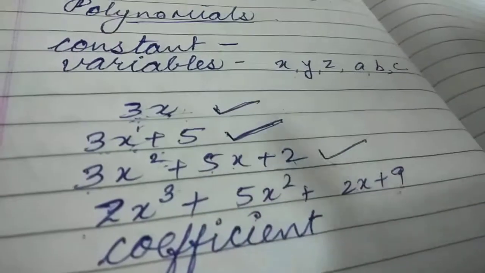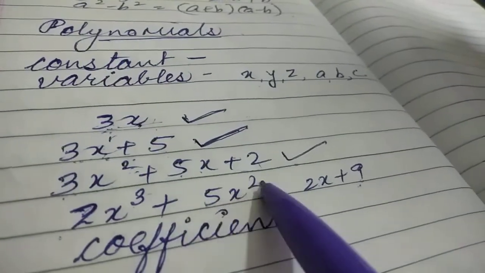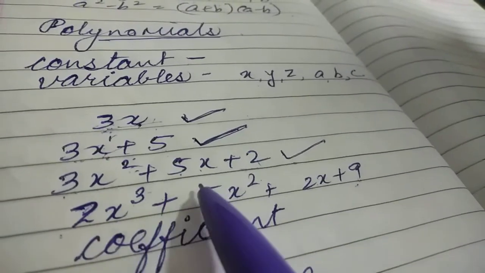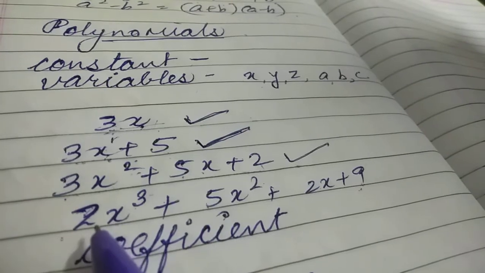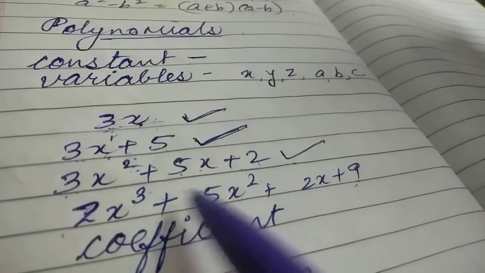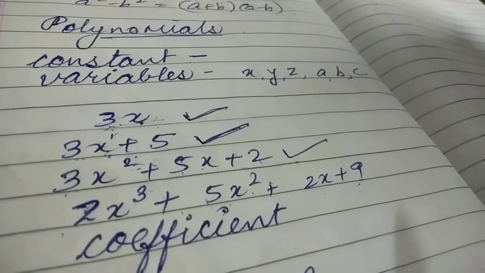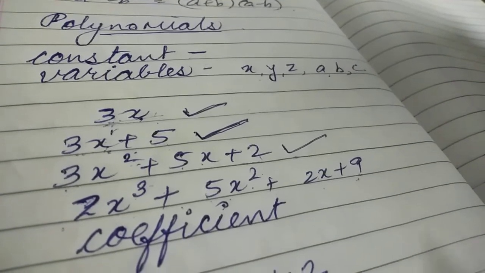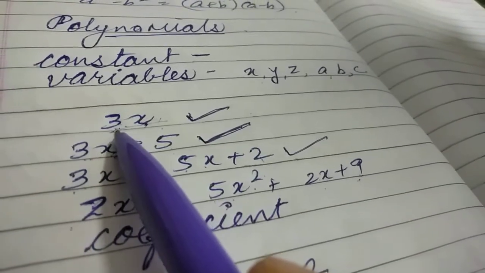Here what we see is that 3x square plus 5x plus 2, then here are three terms. Here we see 2x cube plus 5x square plus 2x plus 9. Here there are four terms. In this there is only one term, 3x.